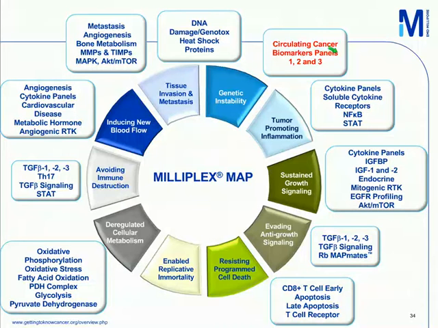So in addition to our circulating cancer biomarker panels, for example, we have angiogenesis and metastasis kits. We have cytokines, soluble cytokine receptors, and Th17 and CD8 panels. We have metabolism and endocrine panels, as well as bone metabolism panels.